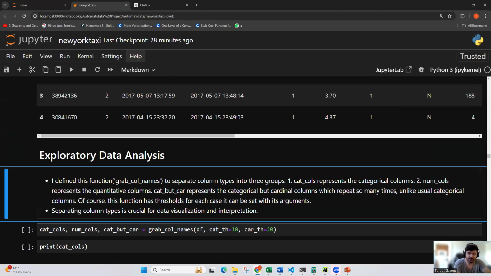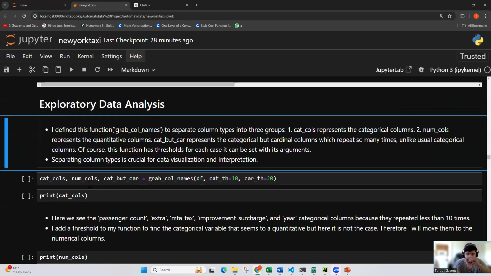Okay, so we start the exploratory data analysis. There is another user-defined function created by me. What this function does is take the data frame, and you can set a threshold for the categorical and cardinal values, and it will return categorical columns, numerical columns, and also categorical but cardinal columns. What does that mean, categorical but cardinal?